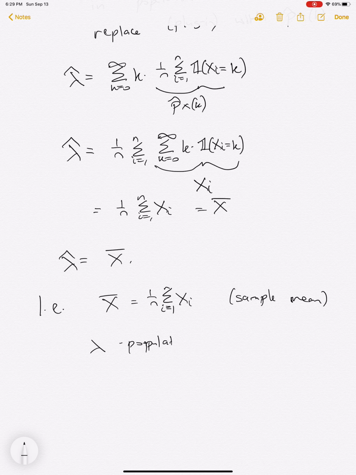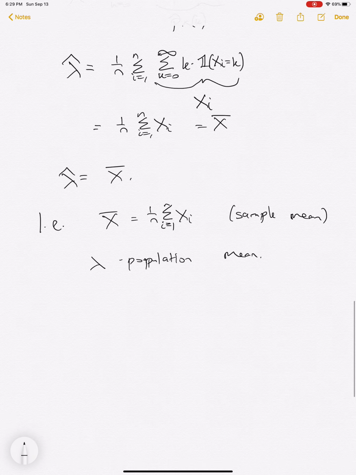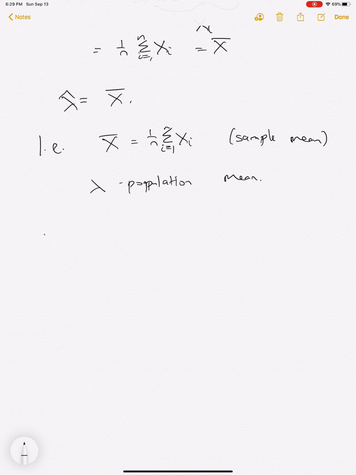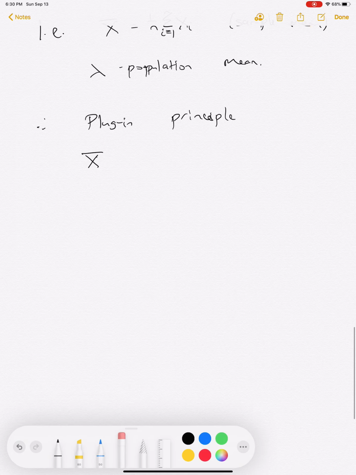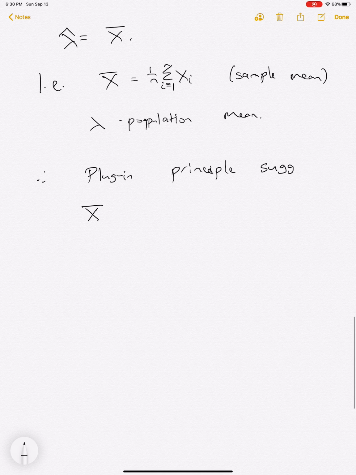And so the plug-in principle suggests that x bar is reasonable for lambda.